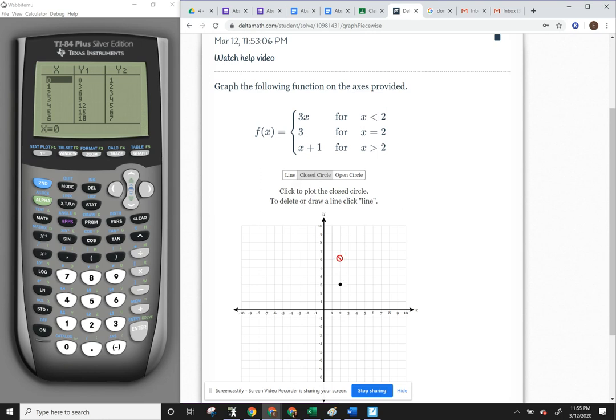So let's start at 2, 6. Well, first, change back to line so that you can actually graph a line. So I'm going to click at 2, 6, and then I'm going to drag it to the origin. This is strictly less than 2, meaning it's not equal, meaning that this side of the line needs to be an open circle.